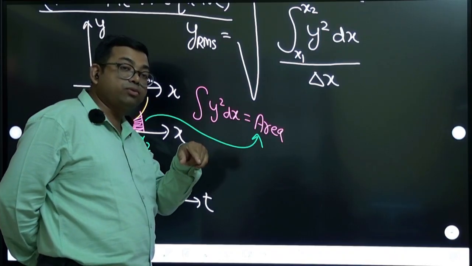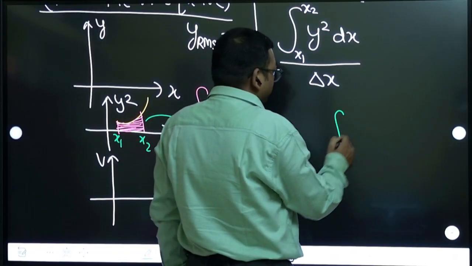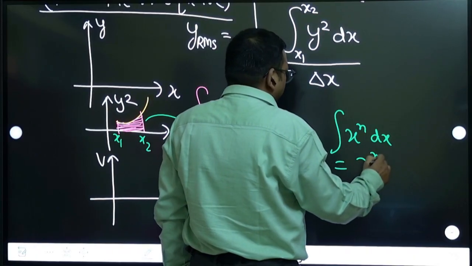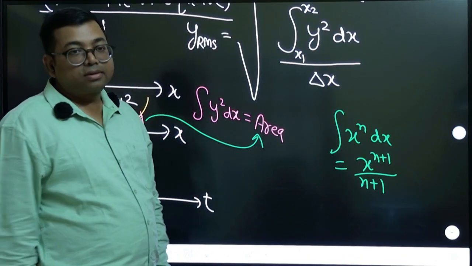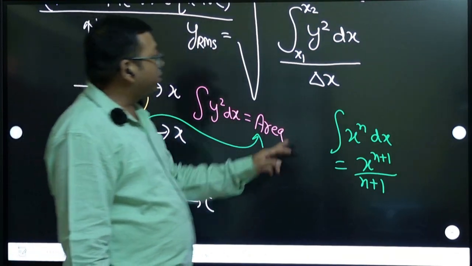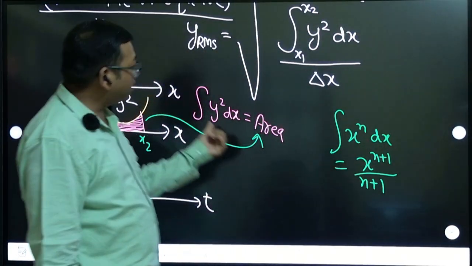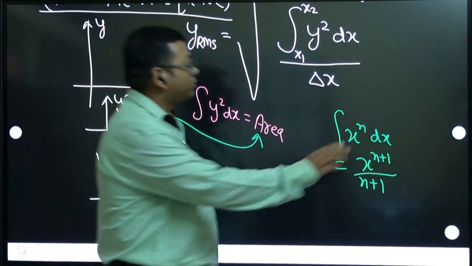Then only you can use the formula. I understood your question. You are asking whether we should use the formula integral of x to power n dx is equal to x to power n plus 1 by n plus 1. Correct. This we cannot use because this is y and this is x. Everything should be in x, then only we can use it. We have to bring y in terms of x. Then we can use it.